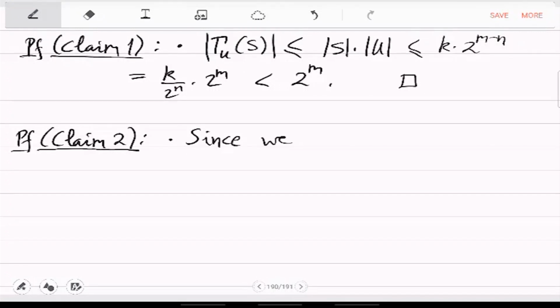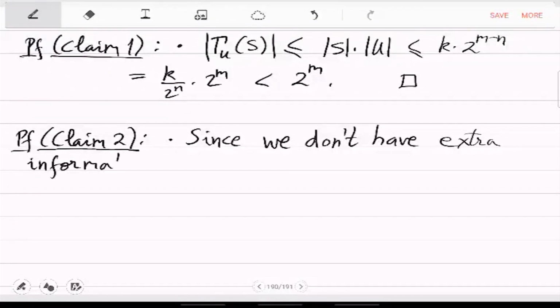Since we don't have extra information about S, or inside S, we only know the size, we don't know the exact elements, right?